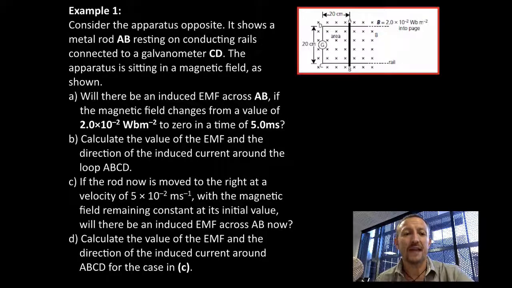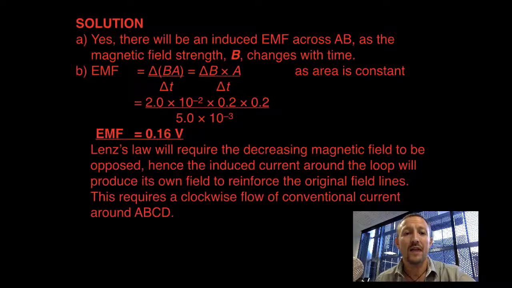Secondly, we're asked to calculate the value of the EMF and the direction of the induced current. Well, to calculate the value of the EMF, we're going to use delta psi over delta t. So we know that we've got 2 times 10 to the negative 2 times the area, because remember that is flux.